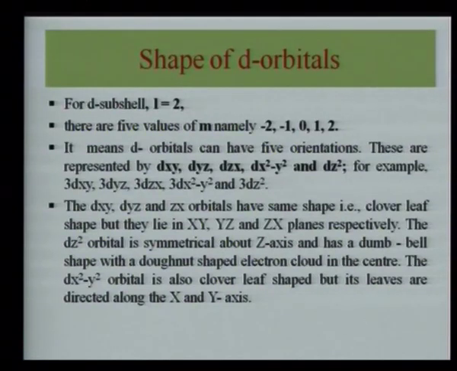The dxy, dyz and dzx orbitals have the same clover leaf shape, but they lie in the xy, yz and xz planes respectively. The dz² orbital is symmetrical about the z axis and has a dumbbell shape with a donut-shaped electron cloud in the center. The dx²-y² orbital is also clover leaf shaped, but its leaves are directed along the x and y axes.